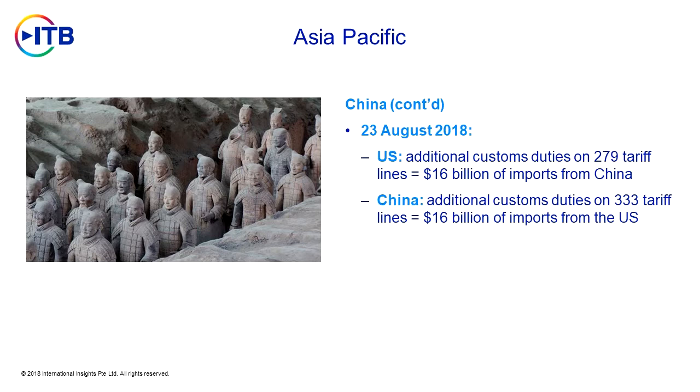The US imposed additional duties on a further 279 tariff lines, comprising $16 billion of imports from China. And China followed suit. Additional duties on a further 333 tariff lines, comprising $16 billion of imports from the US.